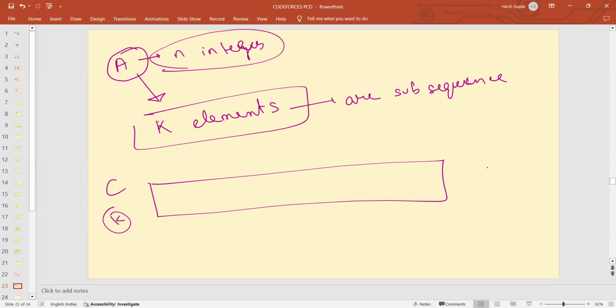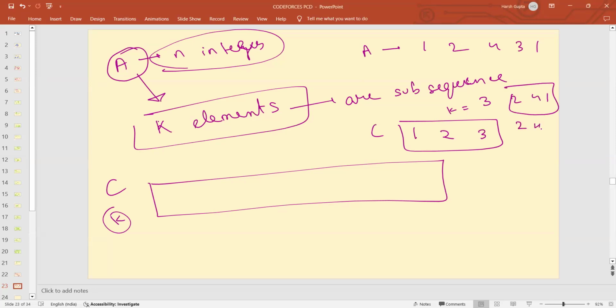Does everyone understand what we mean by subsequence? For example, A contains 1, 2, 4, 3, 1, and let's suppose I give you the value of k as 3. One possible subsequence is 1, 2, and 3. This is one of the arrays C that you can construct. You can even construct 2, 4, 1.